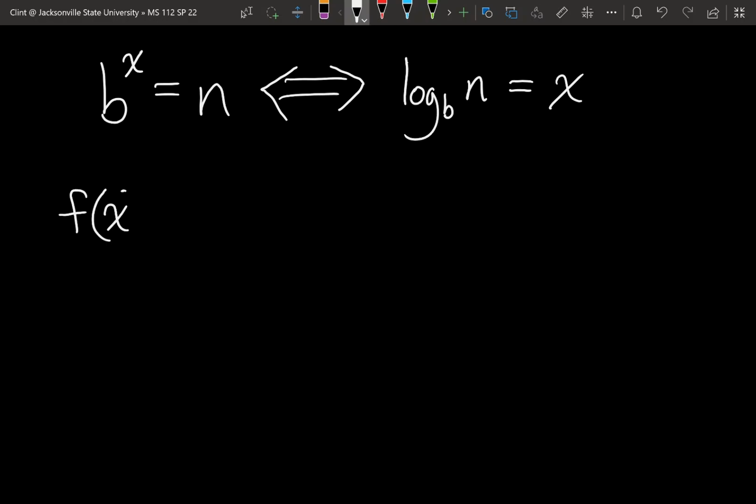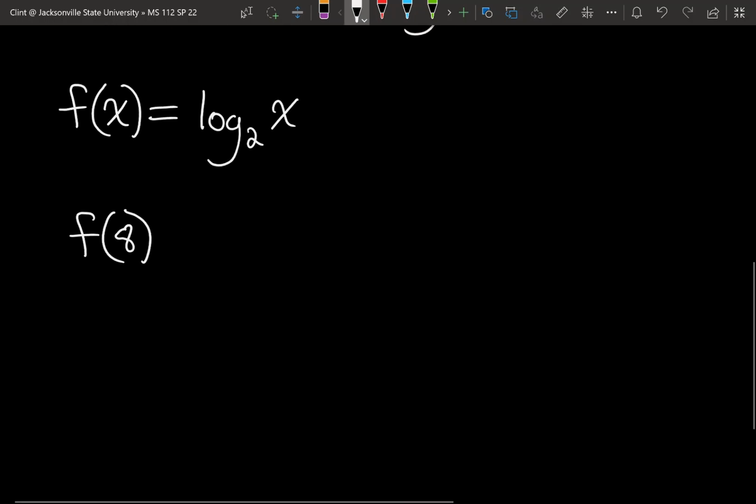Let's do this one. Let's do x. And then we want to find f of 8. That would mean we want log base 2 of 8. And we can figure that number out.